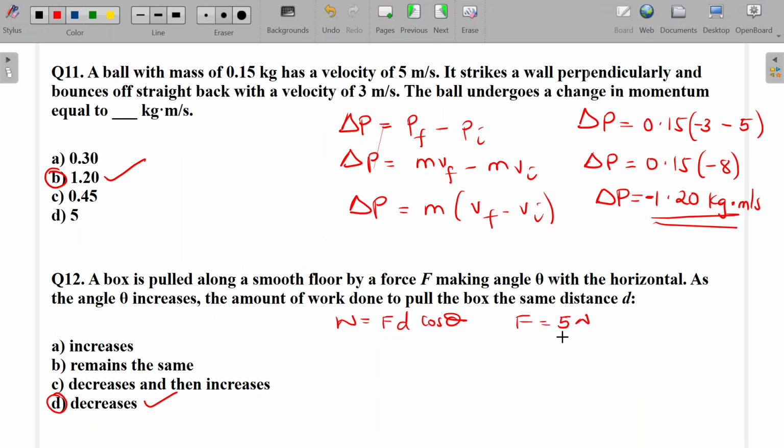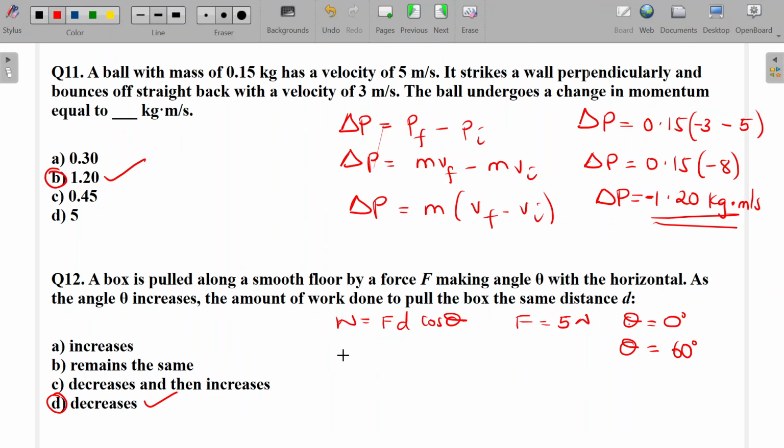Then we take 2 thetas: the first angle is 0 degrees, then theta equal to 60 degrees.